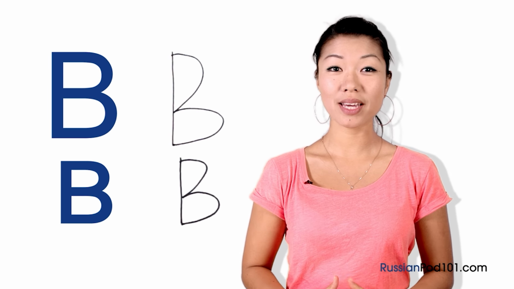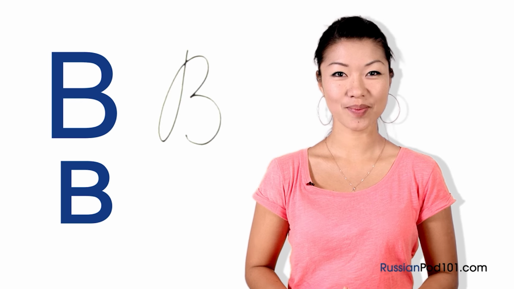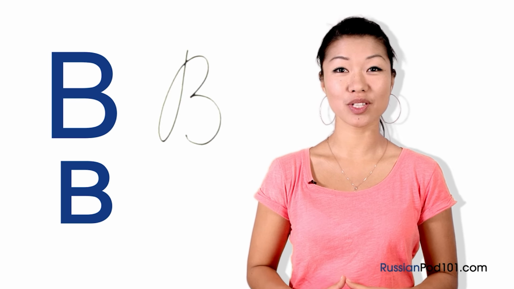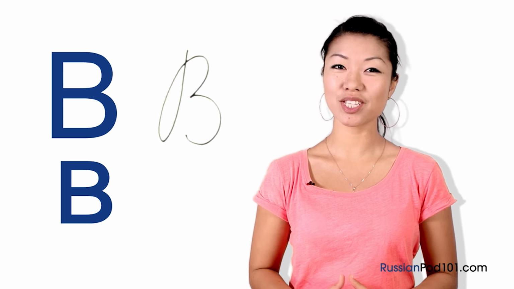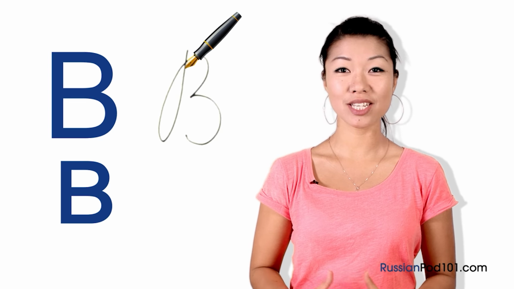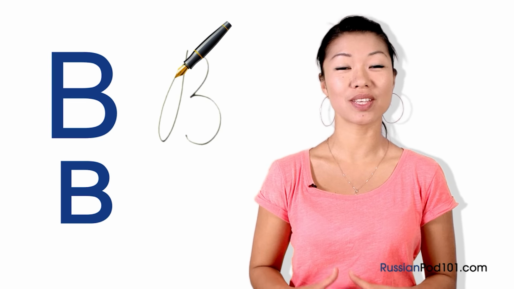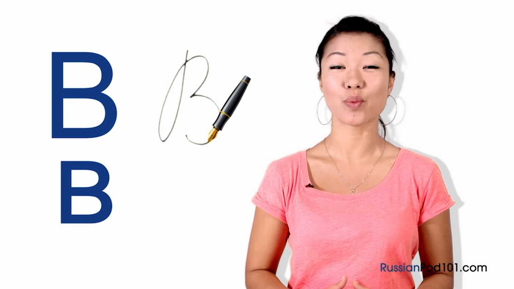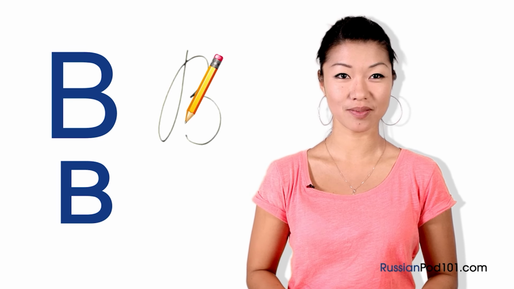The cursive uppercase V looks like this. It's nearly identical to the cursive B in English and should be easy to write. V is a single stroke, so you can easily connect it to the next letter after the uppercase without lifting your pen or pencil.